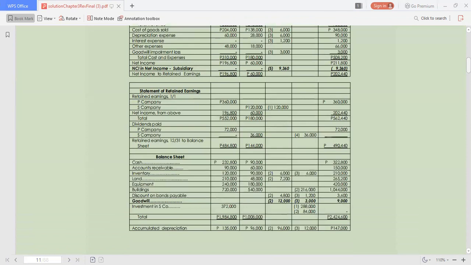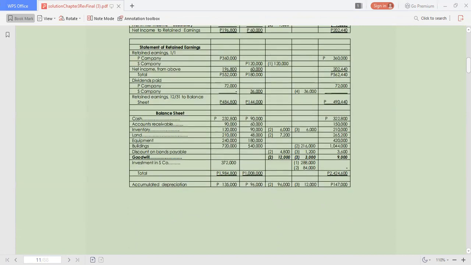And finally, for the balance sheet figures, we have these copied from the given accounts of P company and S company. The only thing is we have the numbers representing the adjustments in the previous entries, so as to arrive at the adjusted amounts. So we have likewise the equipment account in the previous requirement of 420,000.